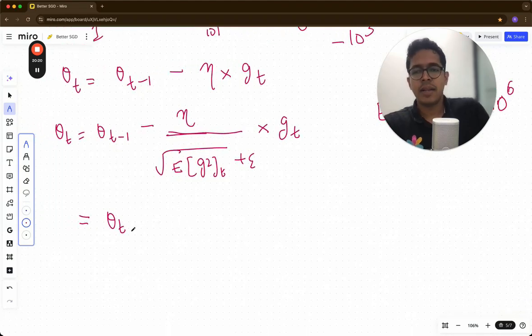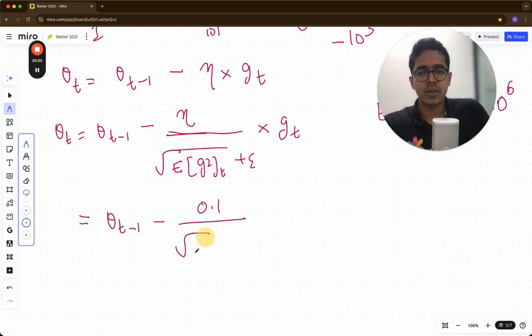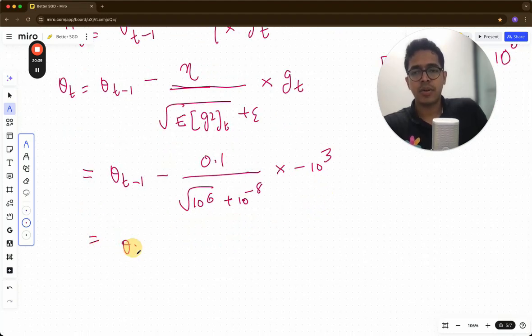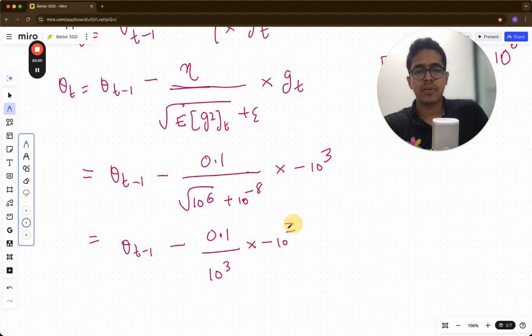And then this will be theta t minus 1 minus 0.1 divided by square root of 10 raised to 6 plus 10 to the power of minus 8 epsilon, a small value, times the gradient itself. Gradient was 10 to the power of 3, right? And then this becomes theta t minus 1 minus 0.1 divided by 10 raised to 3 multiplied by minus 10 to the power of 3.